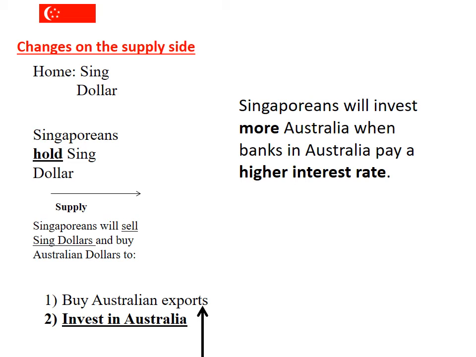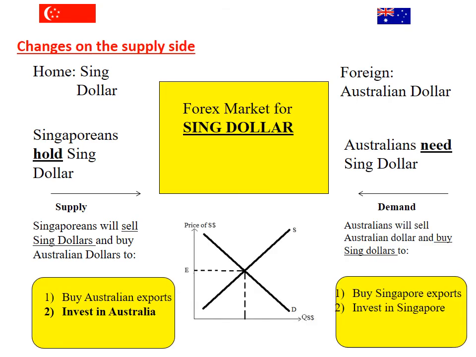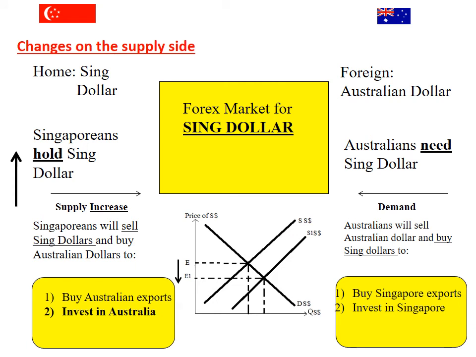If motivation number 2 becomes intensified because the Australian side is paying a higher interest rate, then in the foreign exchange market, we will sell more of the Sing dollar because we want to invest more in Australia. Motivation number 2 is intensifying because the interest rate in Australia is higher than ours.